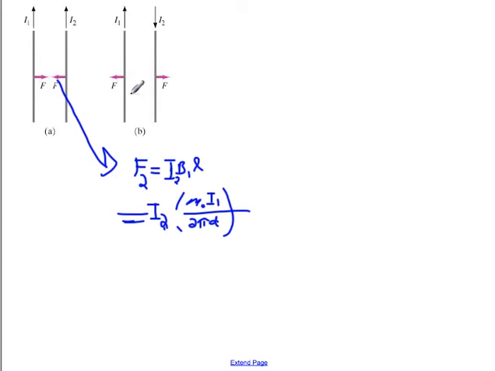Well, let's remember here, the force on a wire is the current through it times the magnetic field that exists there due to whatever, times the length of that wire. So this is the length of wire 2 as well. We're thinking about the force over here, this little purple force. So the current through wire 2 is right here. The field at that spot is due to wire 1, so that's right here.